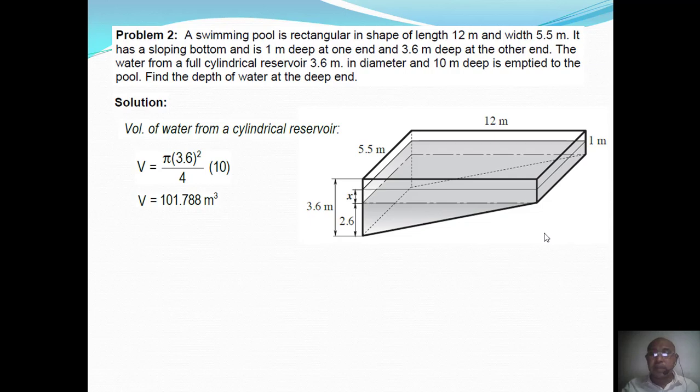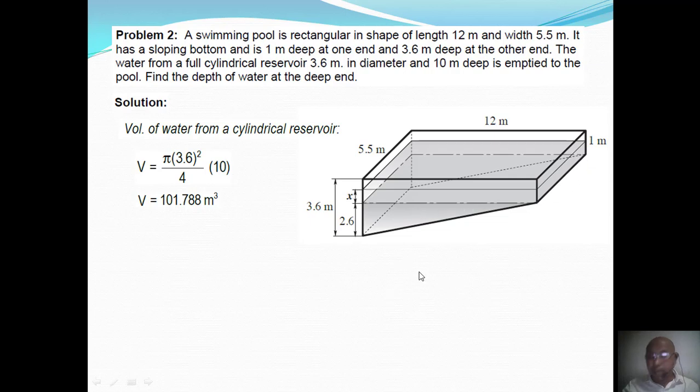That is why we have a sloping base here. Okay. So let us say the water extended up to this height, at a distance of x from the bottom of the 1 meter deep. So a height of x meters from this point here.